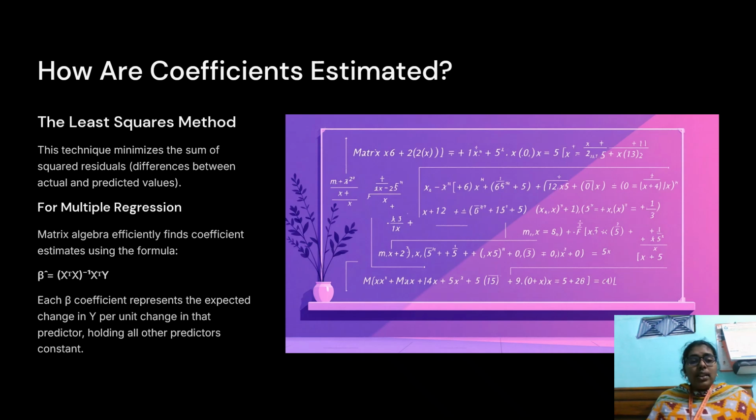For multiple regression, matrix algebra efficiently finds coefficient estimates using the formula beta hat equals (X transpose X) to the power of minus 1, X transpose y. Each beta coefficient represents the expected change in y per unit change in that predictor, holding all other predictors constant.